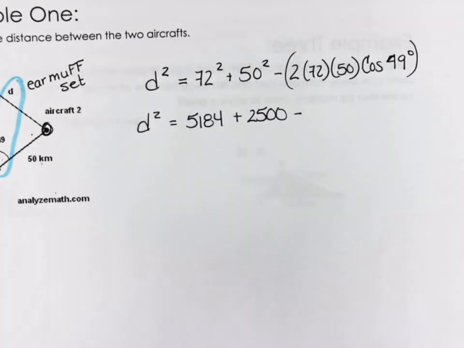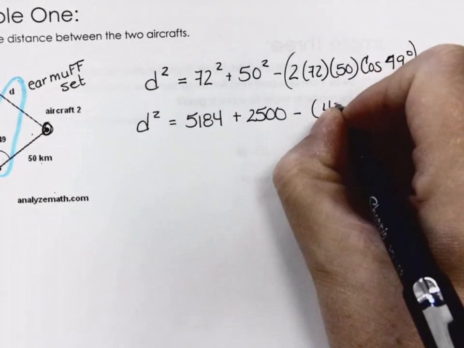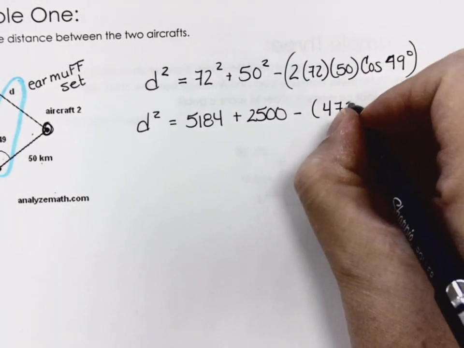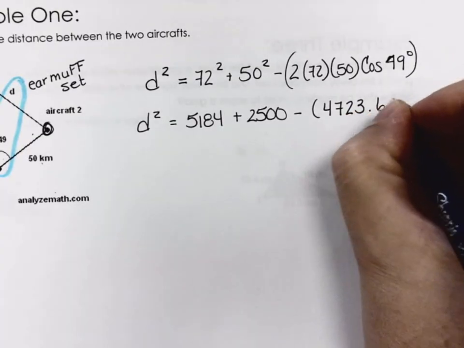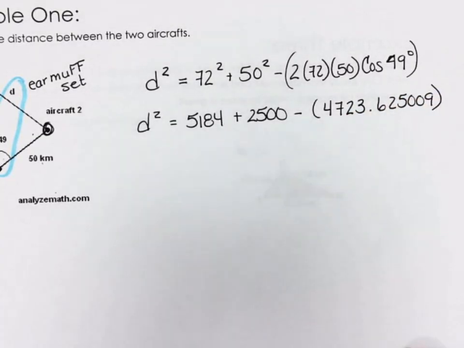We just came off doing sine law, and that's a really common mistake, to use sine in your calculator instead of cos. I just did that, and not on purpose. So that's going to be 4,723.625009. That's what my calculator says.